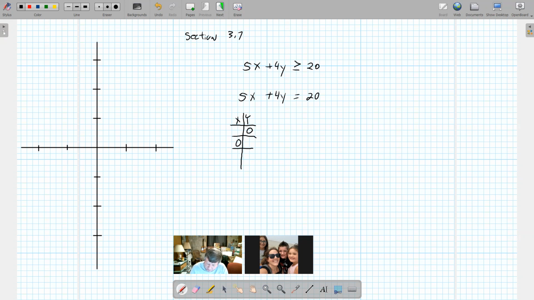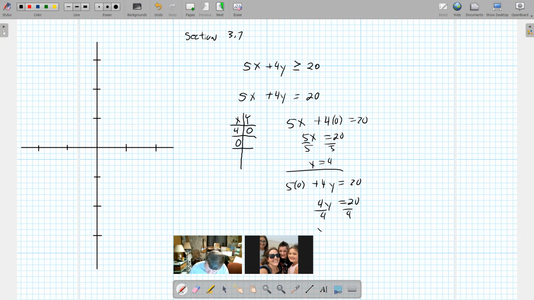So if y is 0, we get 5x plus 4 times 0 equals 20. 5x equals 20. Divide by 5, x equals 4. If we let x equal 0, we get 5 times 0 plus 4y equals 20. 4y equals 20. Divide both sides by 4 and y equals 5. So we now have the points (4, 0) and (0, 5).